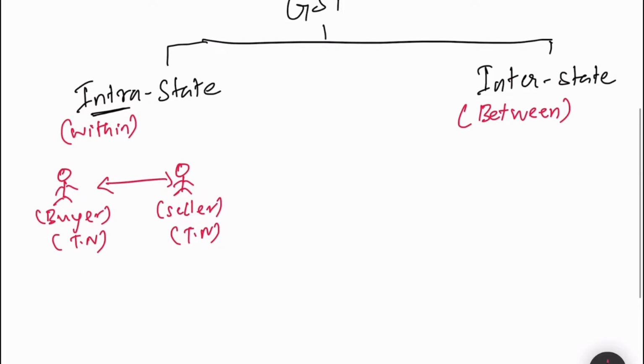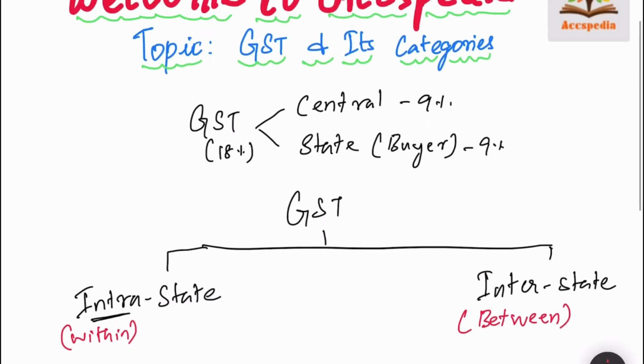And this situation is called intrastate transaction. Now, why do we have to divide this into two? You see, the revenue has to be shared between central government and the state government of the buyer alone, the buyer's state, not the seller's state.